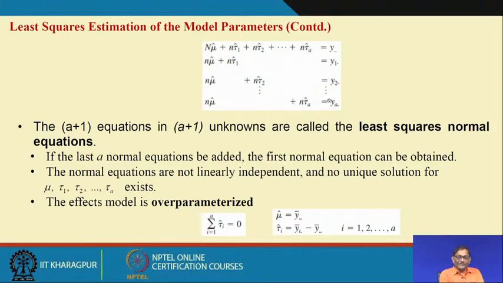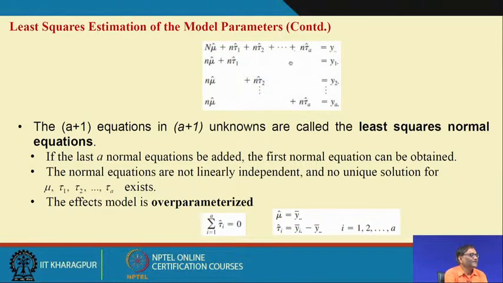So you will be having a plus 1 least squares normal equations. Okay. So what is the constraint here? The constraint is that if you sum up the a number of equations starting from the second one to the last one, that is, the last a equations, you will get the first equation.